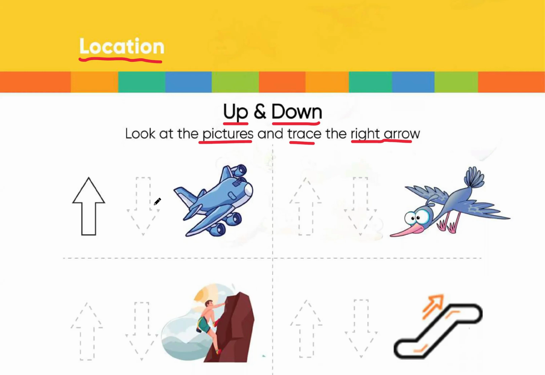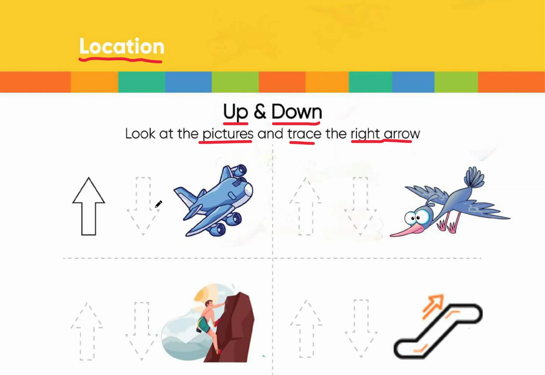Here you can see that this is an airplane, right? And this aeroplane is in the upward direction. It is flying from the ground to the sky, right? So that means it is in the upward position. That is why you can see over here very clearly that only the arrow which is pointing in the upward direction is traced, right?